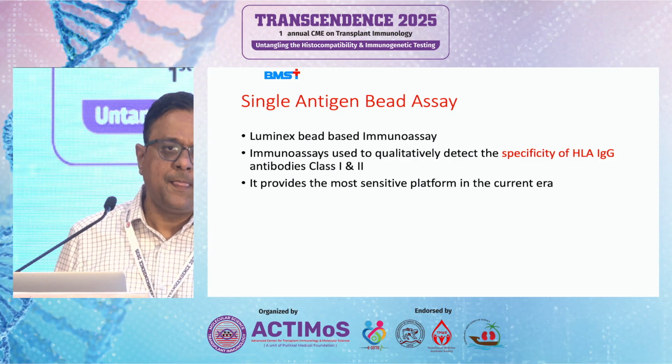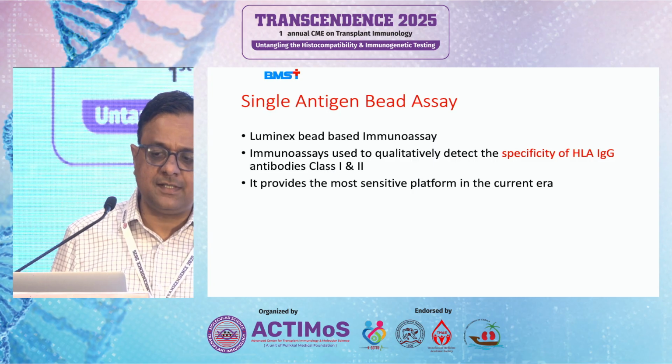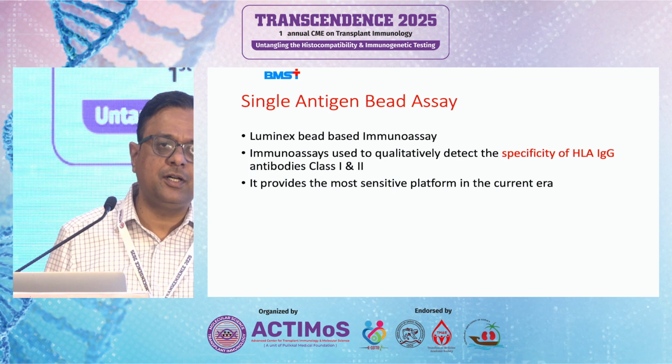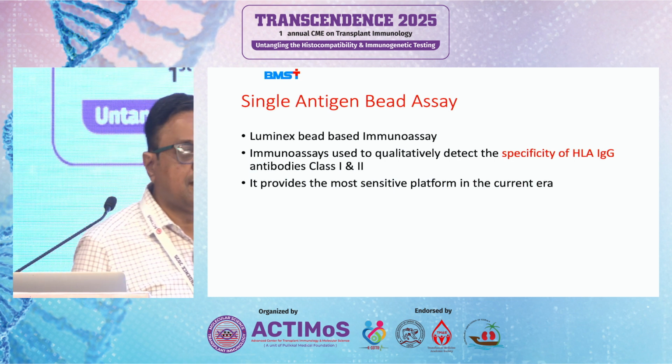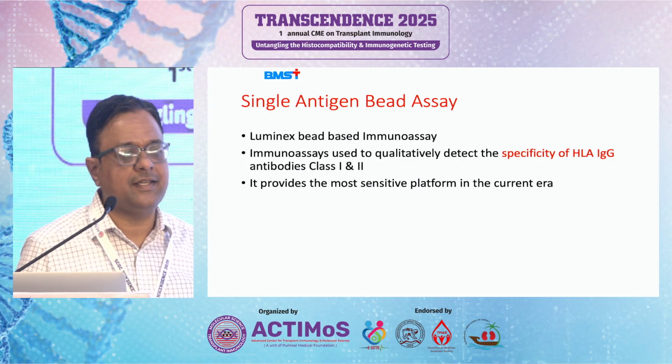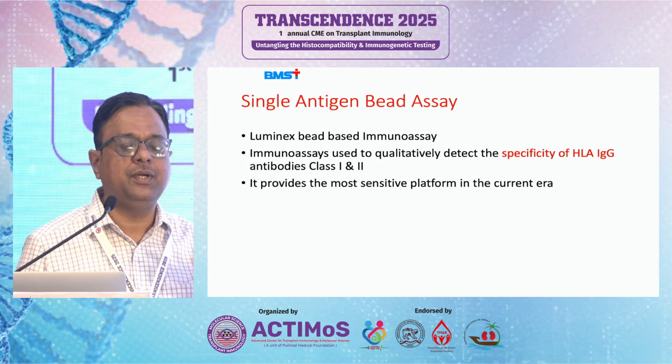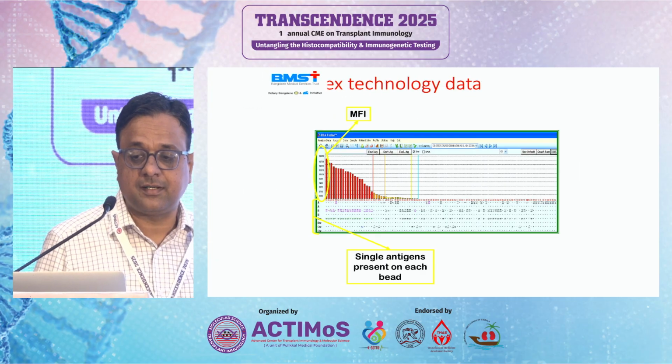This test gives us the extent of whatever antibody the patient has developed and what the MFI value is. And nowadays we consider this test the gold standard test to select the donor, to do any monitoring in the transplant and so on.